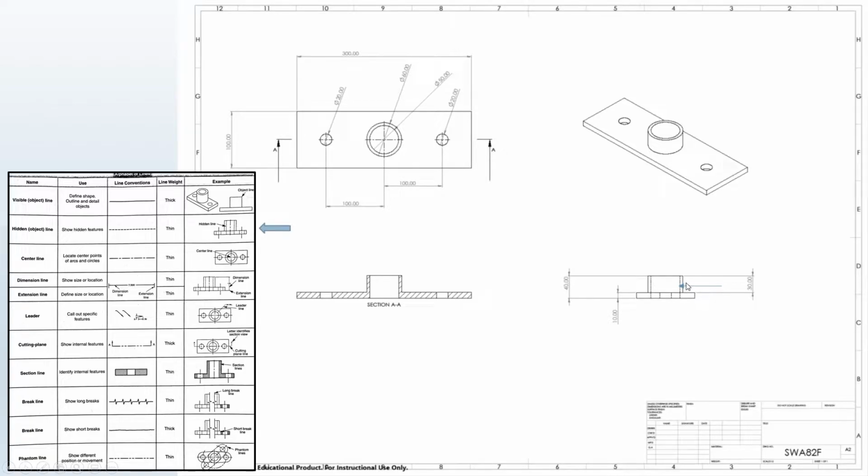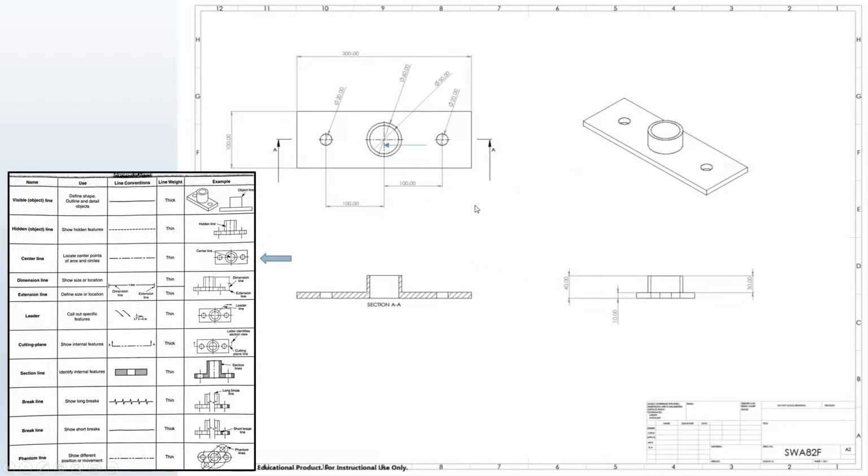What you're seeing with these hidden lines are the internal edges of this feature and the internal edges of these holes. You can see these dotted lines, and those represent the internal features. So when you see hidden lines, think of the piece as made out of plexiglass so you can see inside of it, and you can see the features that would otherwise be obscured by the material.